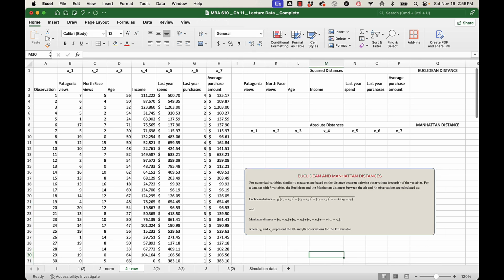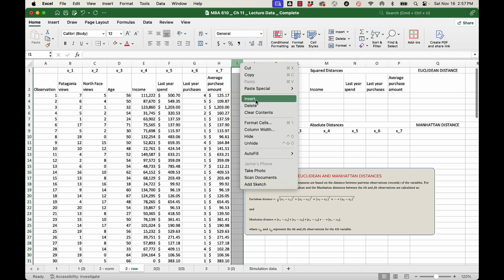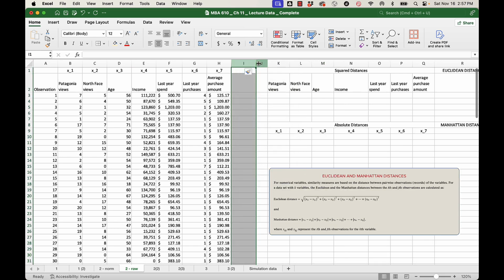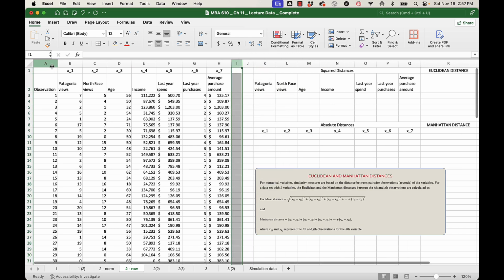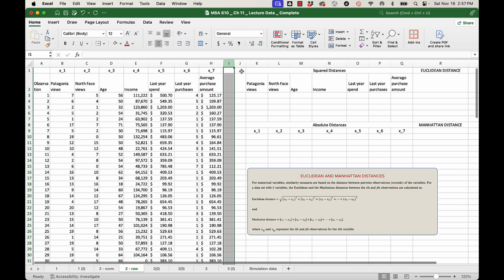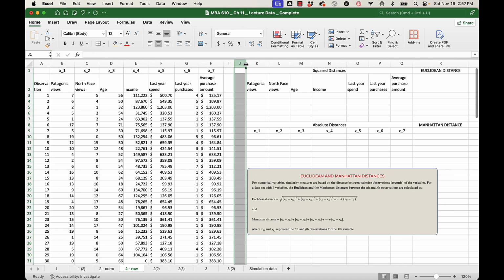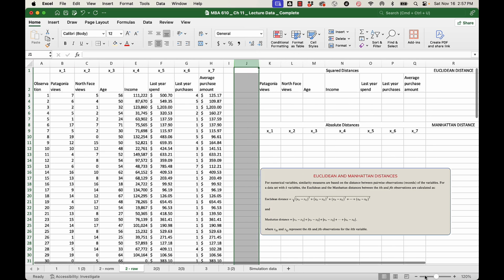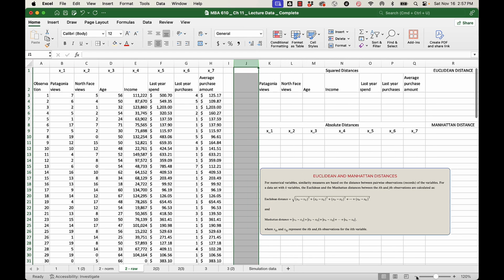Okay. Formatting mania happening over here. Let's make observations smaller. I want you to be able to see everything without zooming so far out.